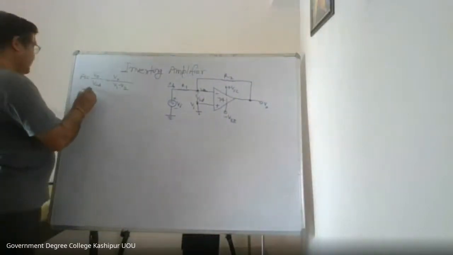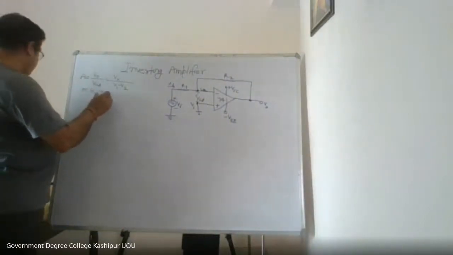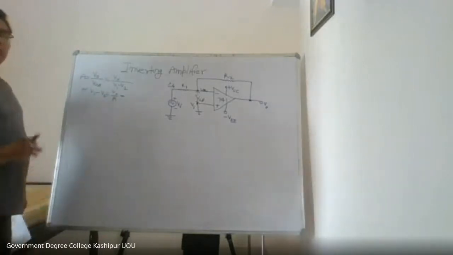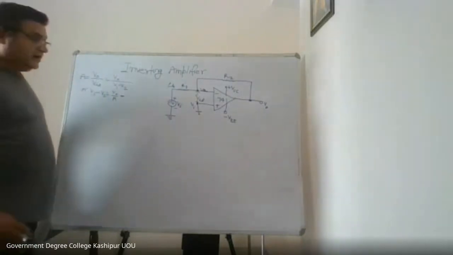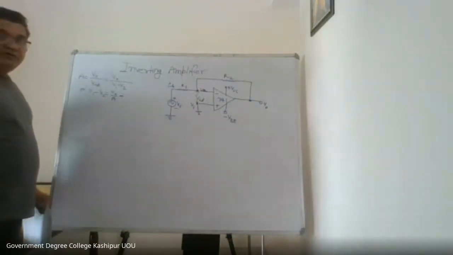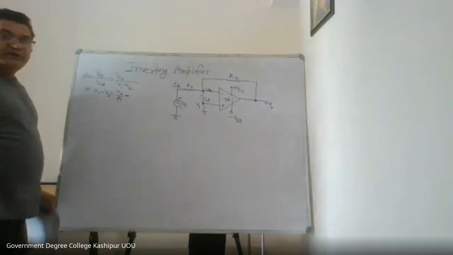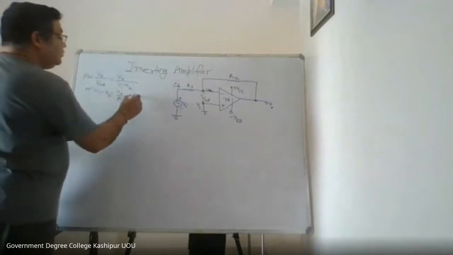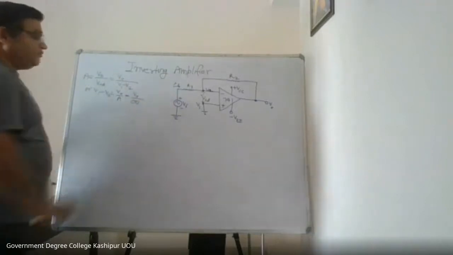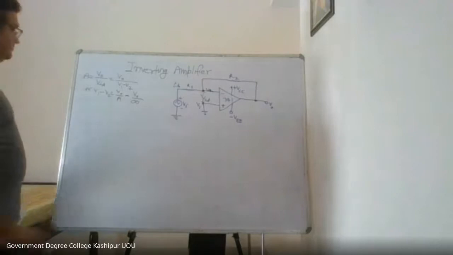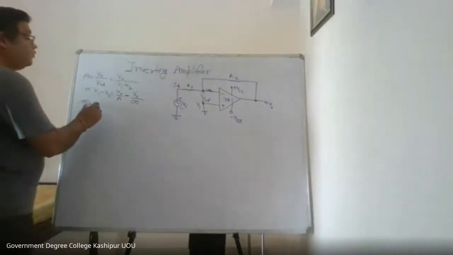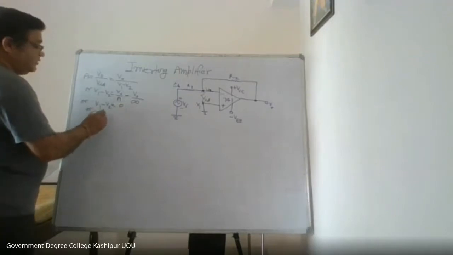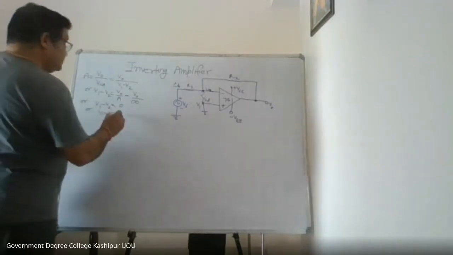So V1 minus V2 equals Vo upon A. Since we are considering the ideal situation of this inverting operational amplifier, A is infinite because the gain is almost infinite, so V1 minus V2 equals 0, or V1 equals V2. This is equation number 1.